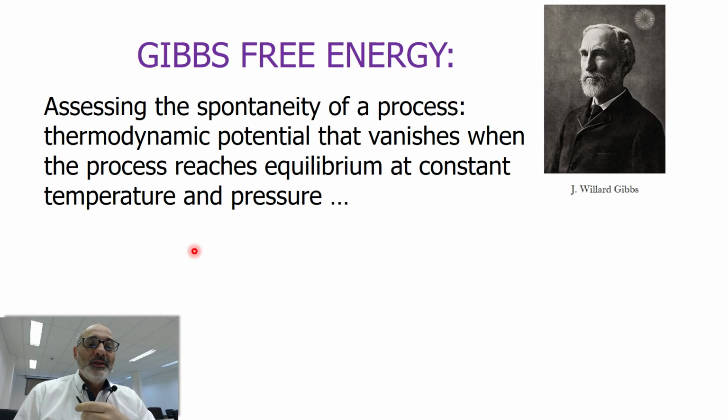The one who first thought about this was obviously Gibbs, and what he wanted to do was assess the spontaneity of a process. The variable that he wanted to construct is something like a thermodynamic potential that vanishes when the process reaches equilibrium at constant temperature and pressure.